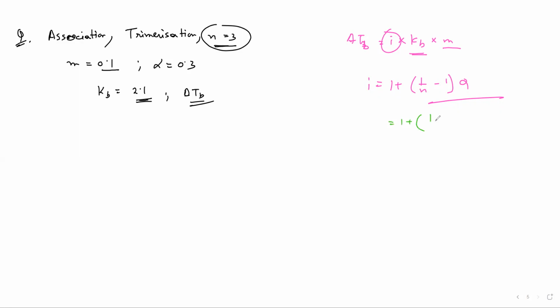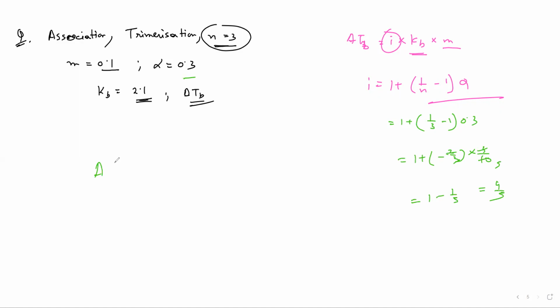Completed. Now just find out the i value. 1 plus (1/3 minus 1) into alpha, where alpha is given 0.3. That is 1 minus 2/3 into 0.3, so 1 minus 1/5, that means 4/5.